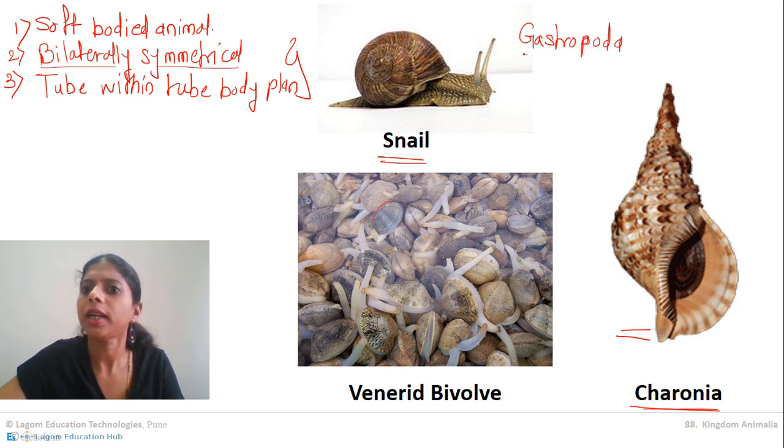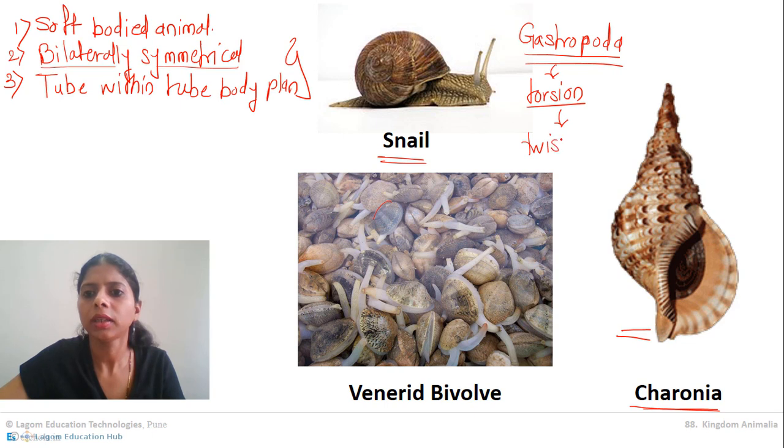Now, what is the speciality of this gastropoda? Try to understand the speciality of it. Now, during their development, gastropoda undergo a special process, okay, called torsion. Torsion literally means body twisting.